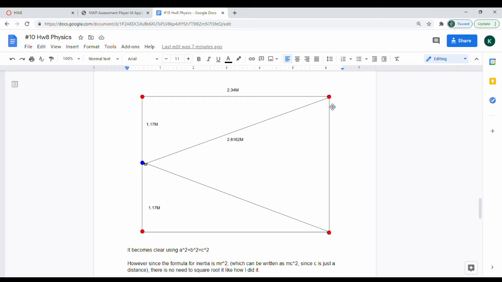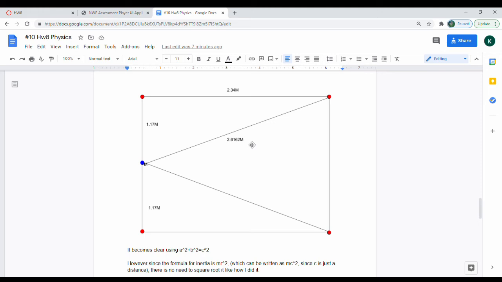It's back. See, the distance from these 2 points is just the distance between the 2 red points squared plus the distance between the red point and this blue point squared, square rooted. So we can write this as a squared plus b squared equals c squared.